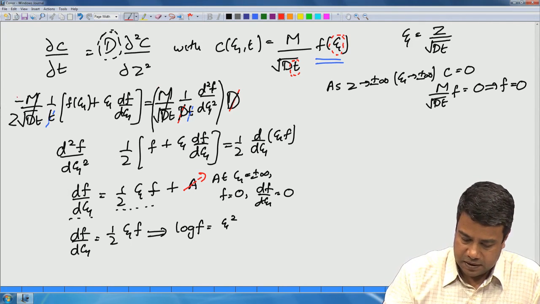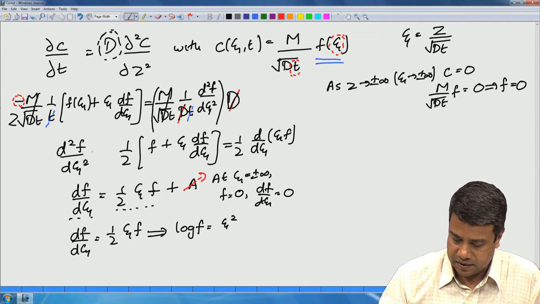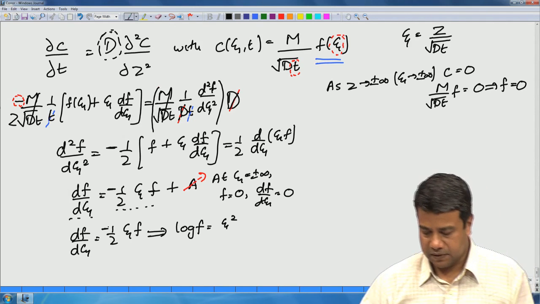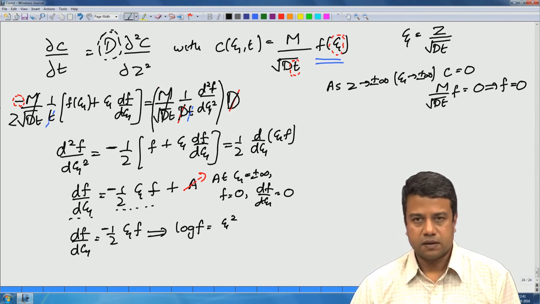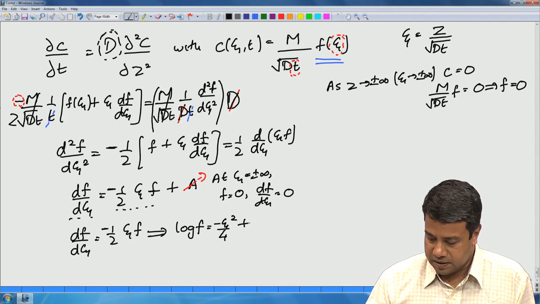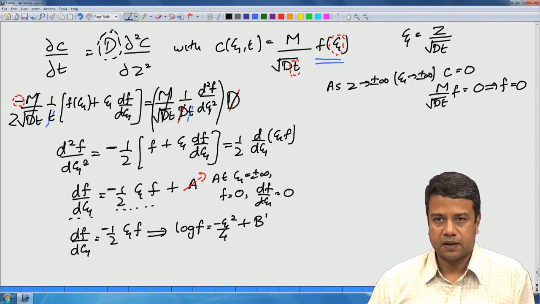If you recall, there is this negative sign here. So, this has to come in this equation. So, this negative sign has to come everywhere in this equation. It does not, of course, affect the constant a. So, this gives me log f is equal to minus psi square by 4 plus some constant b prime.